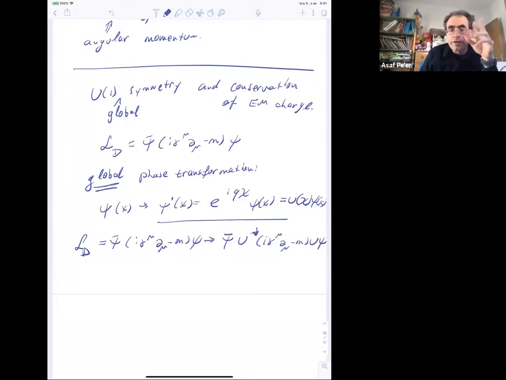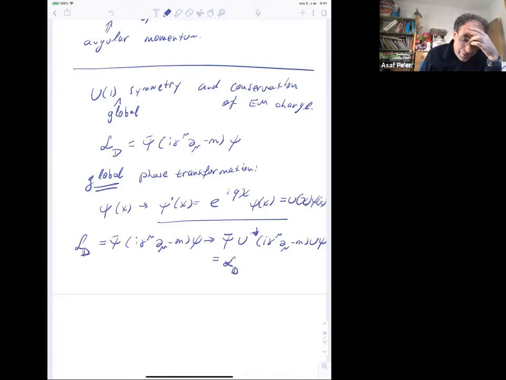And U, being a unitary constant matrix, can simply go through the d mu because it's a global symmetry. So this is just going to be equal to L Dirac.